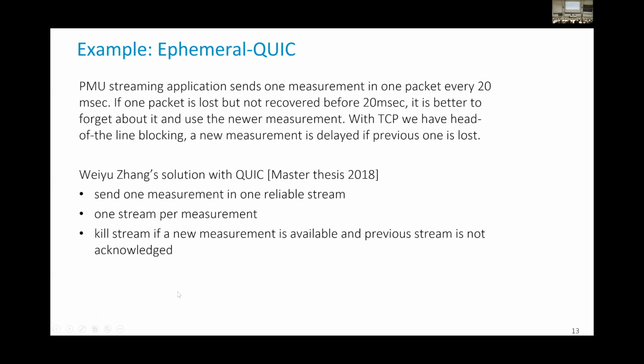There was an example of a master thesis done at EPFL on exactly this, in the context of industrial networks. You have sensors that send information every, for example, 20 milliseconds in the example that was here. If this message is lost, it's bad, but it's not a catastrophe, because cyber-physical systems typically are able to be robust. But there is no need to retransmit it if a new message comes.